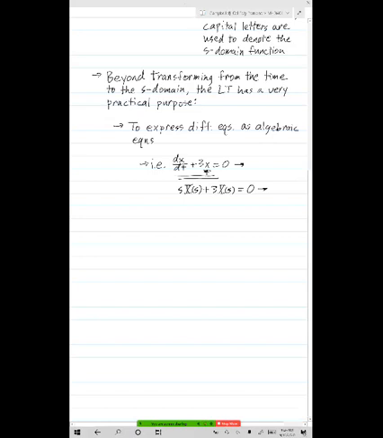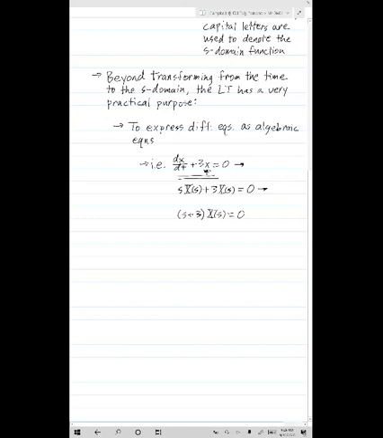But it turns out that we are also working with characteristic equations. So then we can write this as S plus 3, because we can, of course, factor out. Remember, we're now able to use our algebraic operations. And so we can factor out that X of S, and that's of course equal to 0 for this homogeneous differential equation.